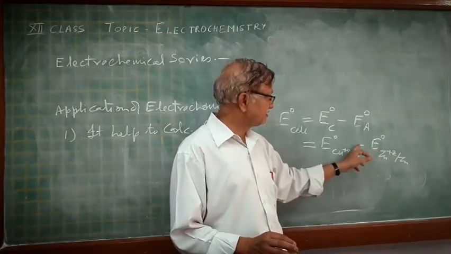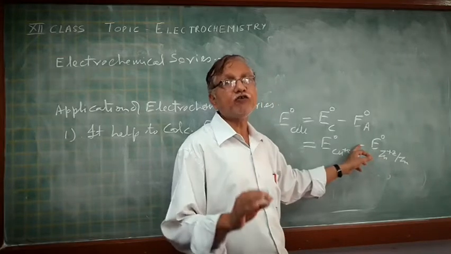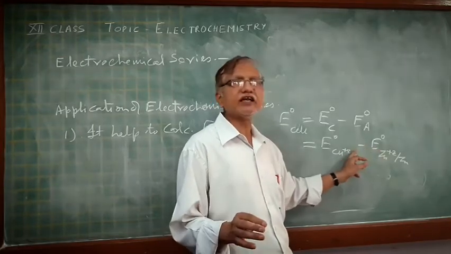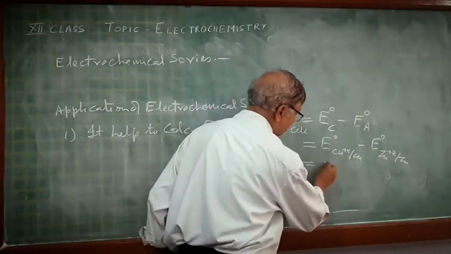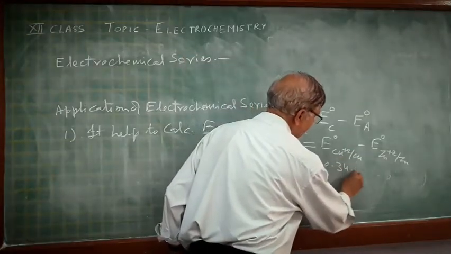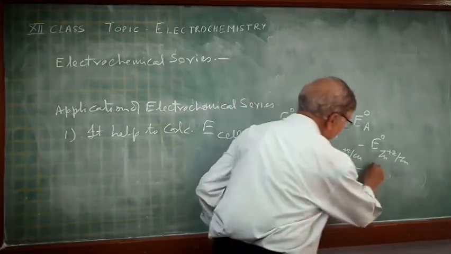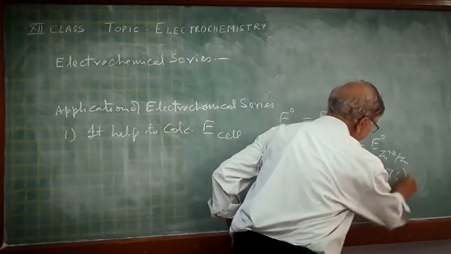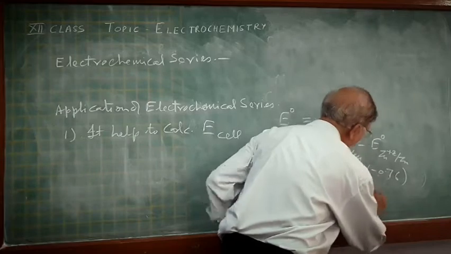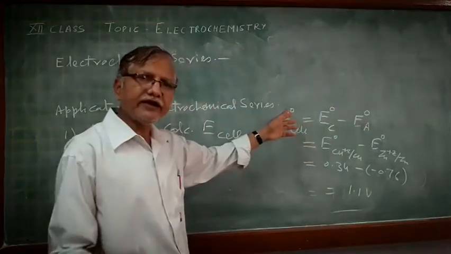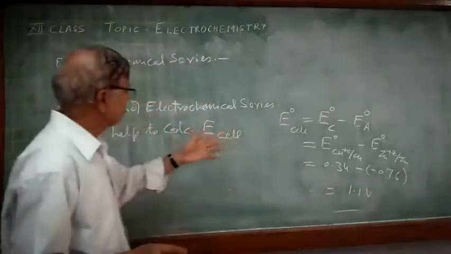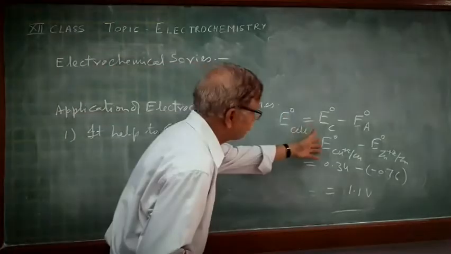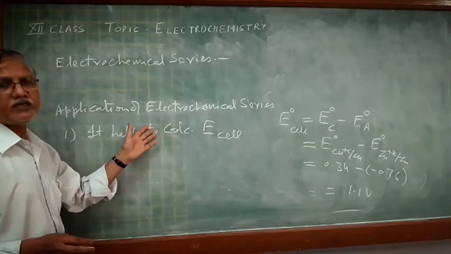That's why we use the formula with a negative sign, because negative becomes positive. The value of the copper electrode is 0.34 volt and of the zinc electrode is minus 0.76, giving 1.1 volt. This is the way, for any galvanic cell or electrochemical cell, we can use the electrode potential values to calculate E cell.